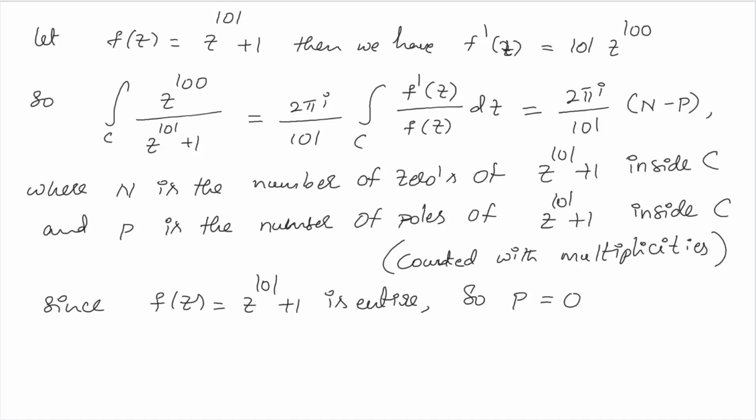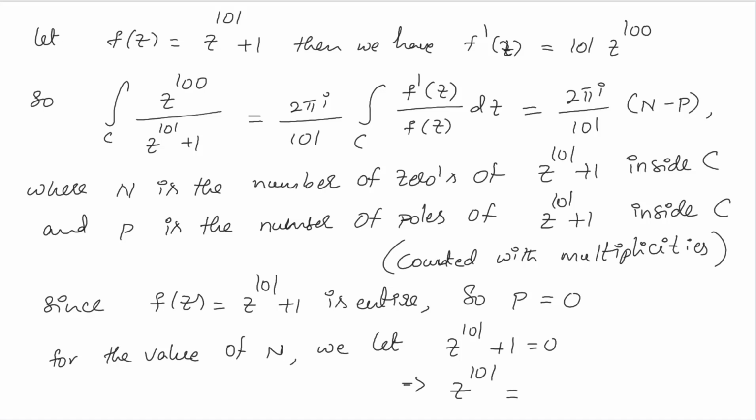So to find the value of n, we let z to the power of 101 plus 1 equal to 0. Now to solve this equation, it is enough to see the solutions of the equation z to the power of 101 equal to minus 1.